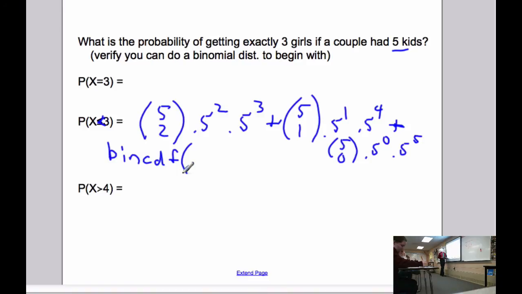How many kids? Out of how many? 5. Probability of success is 0.5. Comma what? If I said less than 3, we are finding 2 on down. A lot easier to type that in your calculator than to type all of this in.